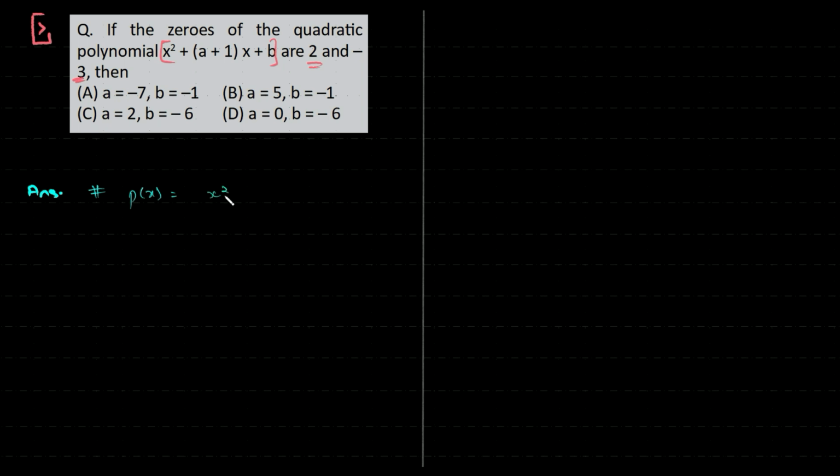So we have x square plus a plus 1 x plus b. So that is your polynomial, and we have 2 and minus 3 as the zeros of p of x.